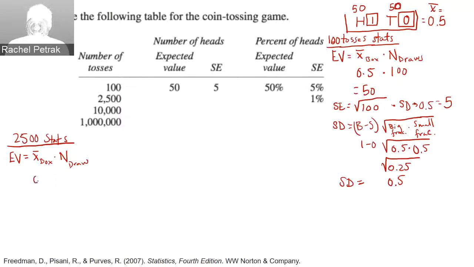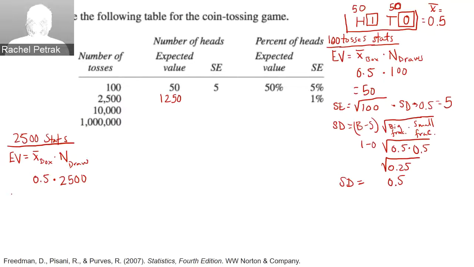Now, though, it's 0.5 times the number of draws, 2,500. So our expected value is 1,250.